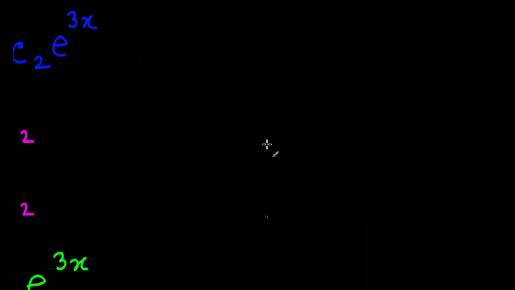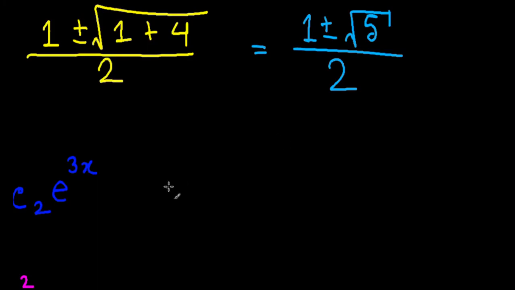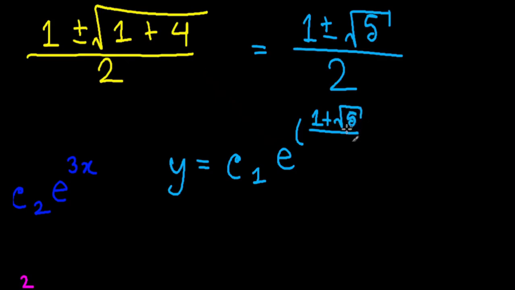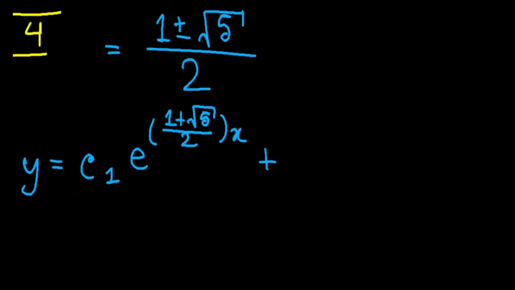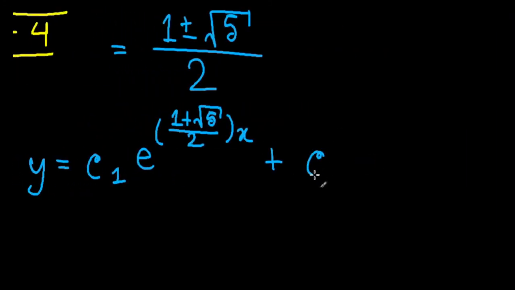Our general solution is going to be some arbitrary constant c1 multiplied by e to the power of one of our solutions. I'll take the positive version right now: 1 plus root 5 divided by 2, multiplied by x, plus c2 multiplied by e to the power 1 minus root 5 divided by 2, multiplied by x.